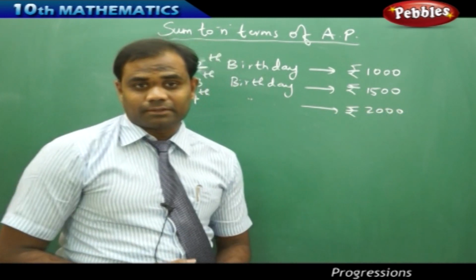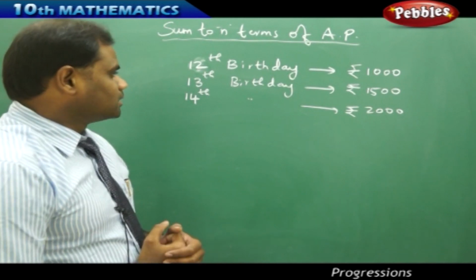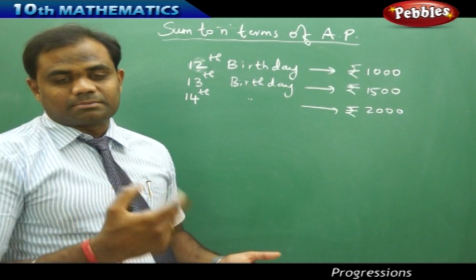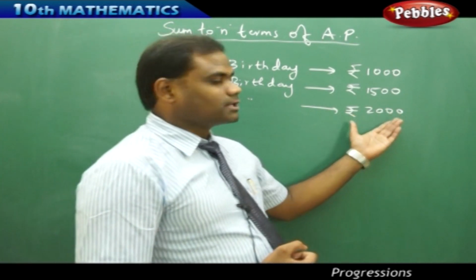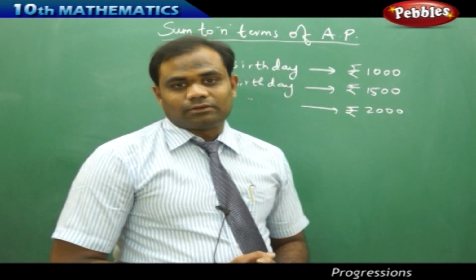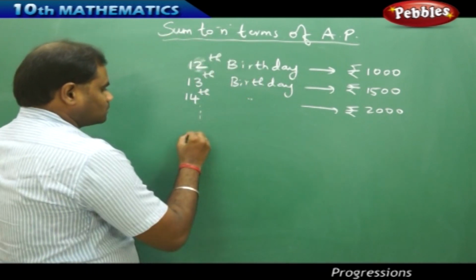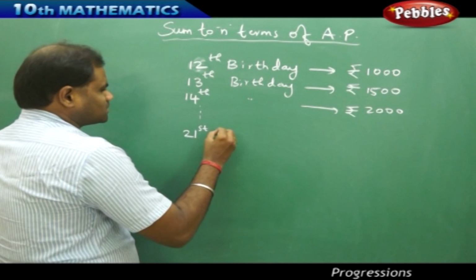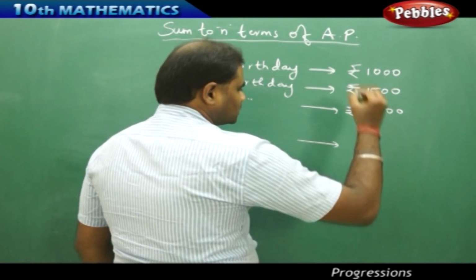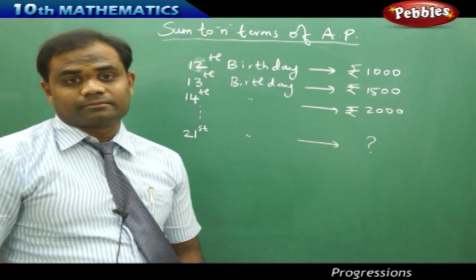So as my age was growing, my pocket money was increasing every year by 500 rupees. Then finally, on my 21st birthday, I was given some pocket money which I wanted to find.